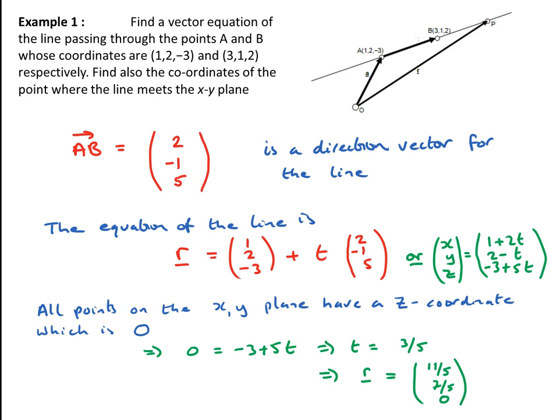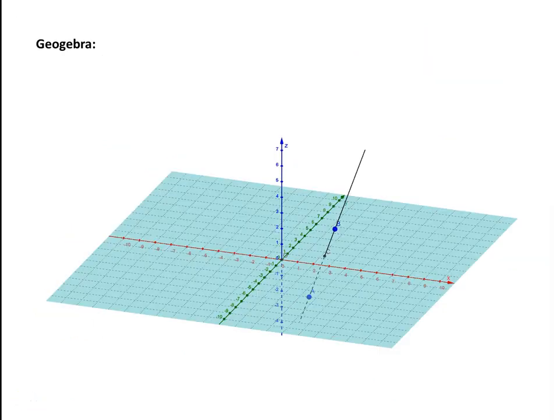So the position vector of the required point is (11/5, 7/5, 0), which means the required point is the point (11/5, 7/5, 0). This page just shows a GeoGebra representation of the line AB that we've just found, and the point C where the line meets the xy plane has also been shown.